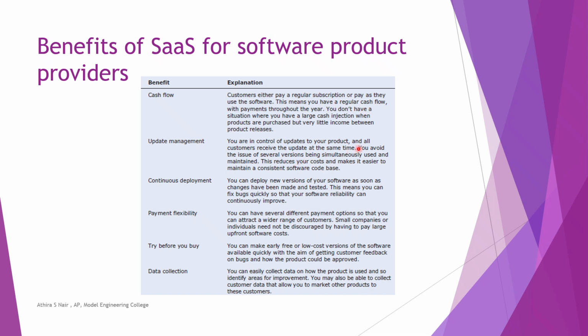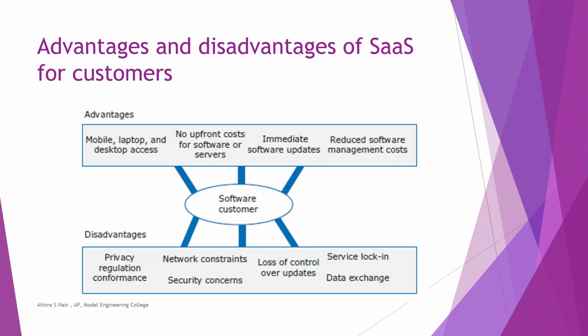With updates, all customers receive the updates at the same time and there will be continuous deployment. The payment is also very flexible, and we can also offer try before you buy. There will be early free or low cost versions available. And you can also easily collect data on how the product is used and so identify areas for improvement.